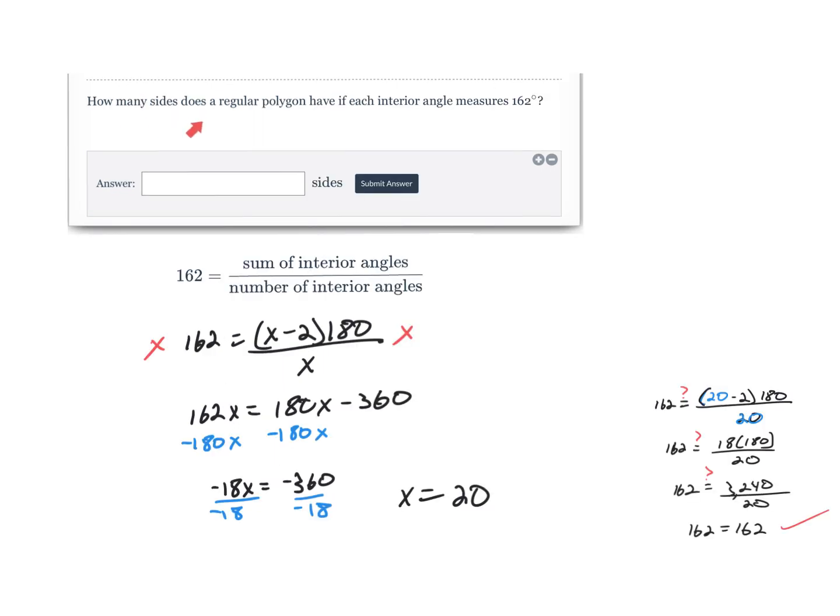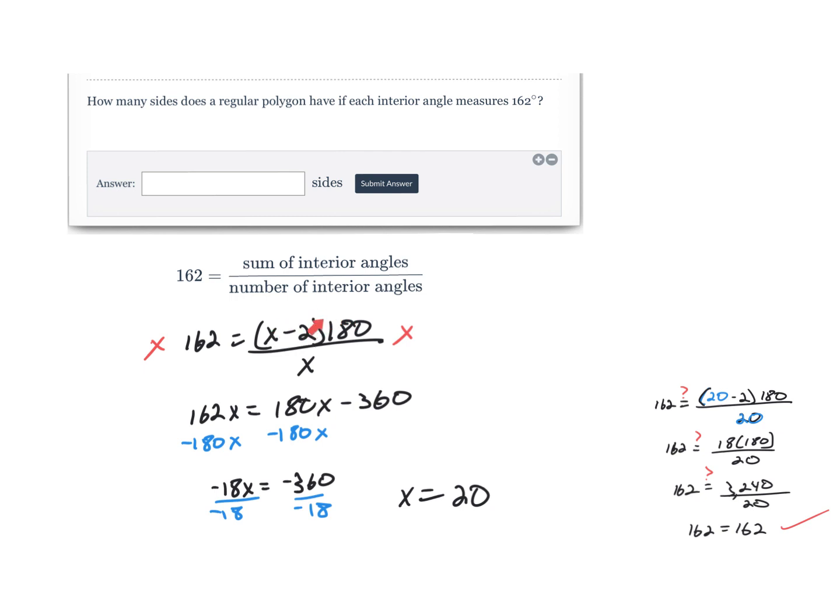Now this one says, how many sides does a regular polygon have if each interior angle measures 162? Okay, this is a little bit more involved, but what we know is that the number of sides, which we don't know in this one, minus 2 times 180 is going to give us the sum.